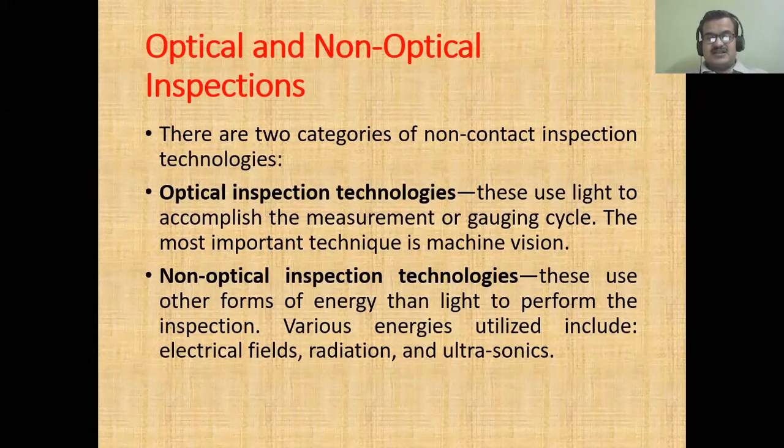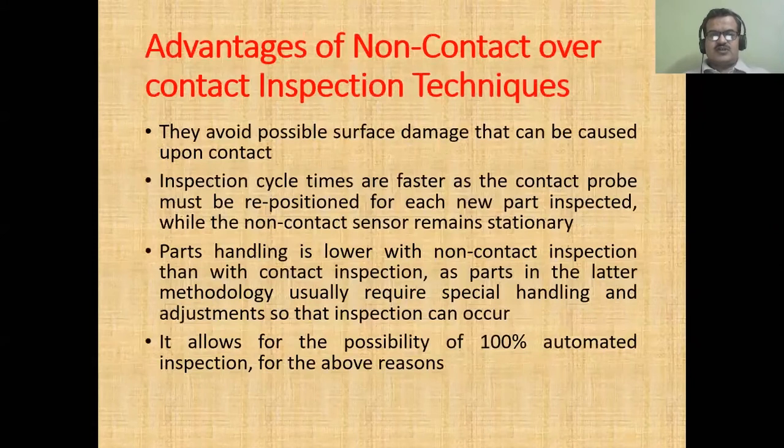Then electrical fields, which generate a magnetic field, and then you can comment on the part features. Then ultrasonic sound. So sound, radiation, and electrical field are the various energies utilized for doing the inspection. They come under non-optical type of inspection technologies.